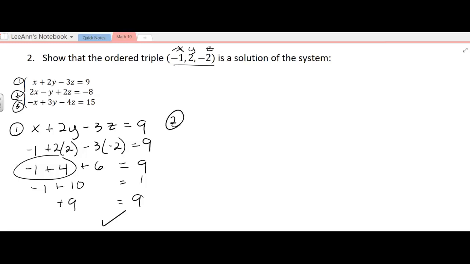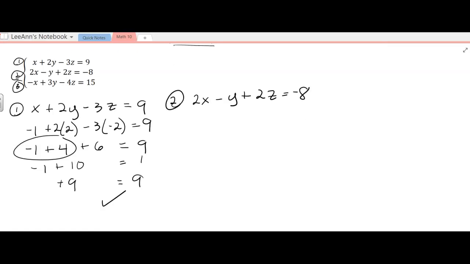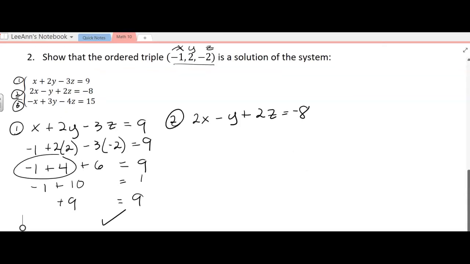All right. Part 2. 2x minus y plus 2z equals -8. We have to use the same point. So -1 for x, 2 times -1, minus, and then we're putting in 2 for y, plus 2 times -2, and does that equal -8? You can read it this way if that makes it more clear.